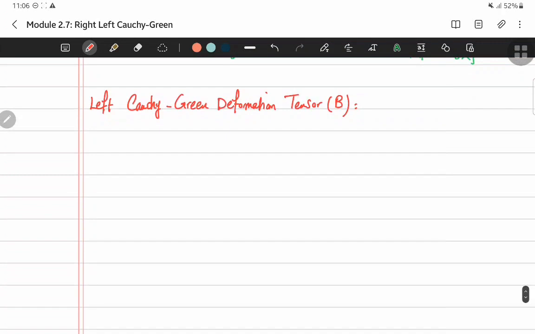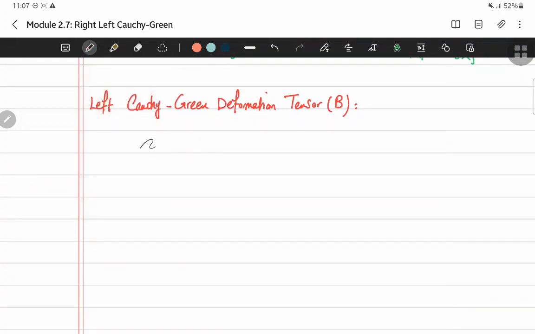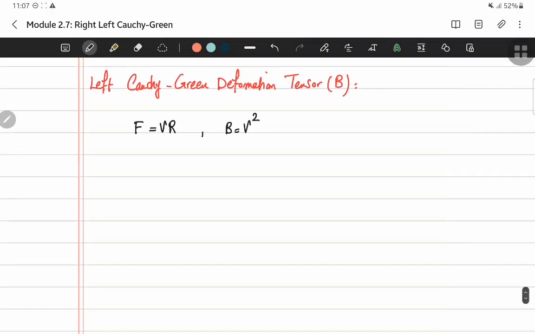All right. So we already mentioned that F is equal to VR, and that B is equal to V squared.